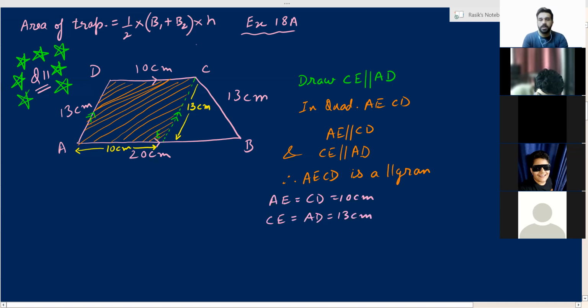Who is going to tell me the length of BE? What is the length of BE? And how are we going to get it?